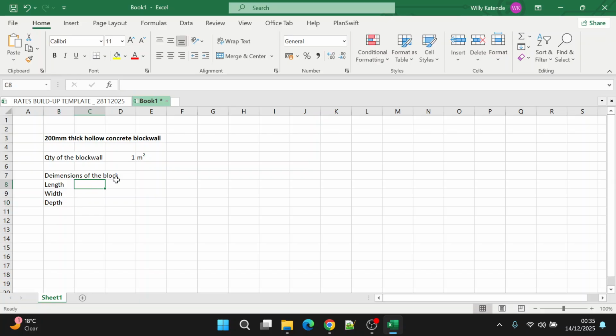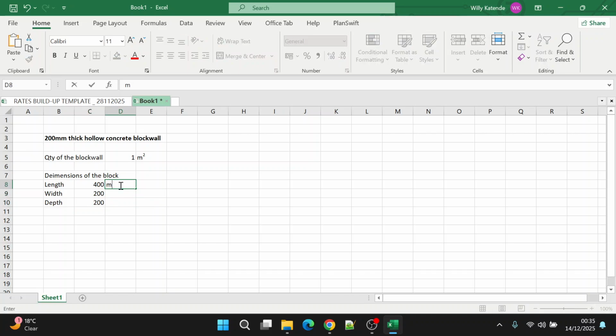In this case we are going to be making use of a 400 millimeter long block and 200 by 200.